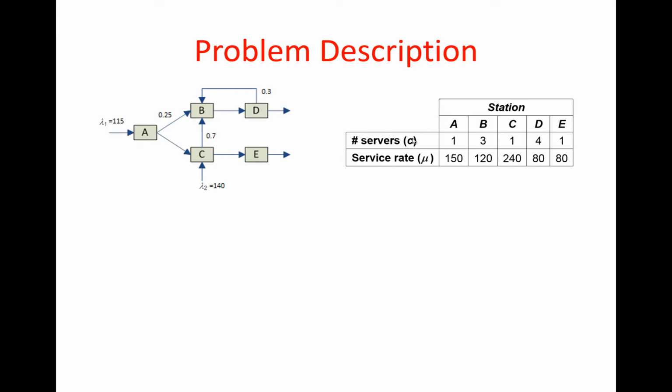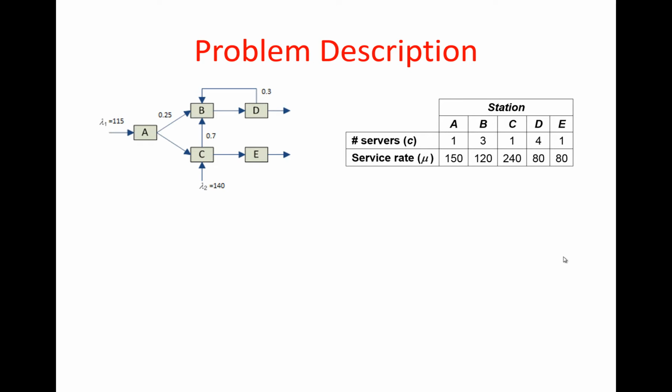So we have the capacity of the server and the service rate of each server, denoted by mu, summarized in the table. So for example, for station A, we have a single server, and the server can process 150 parts per hour. And you can see the capacity and the service rate for the other servers on the table.